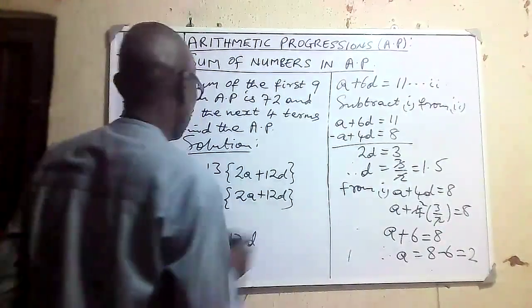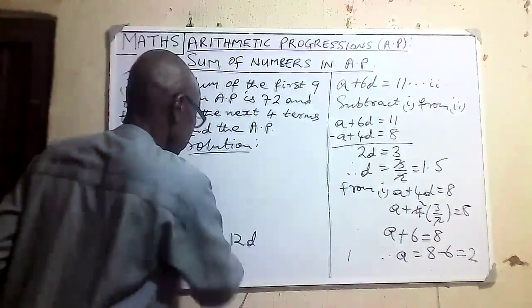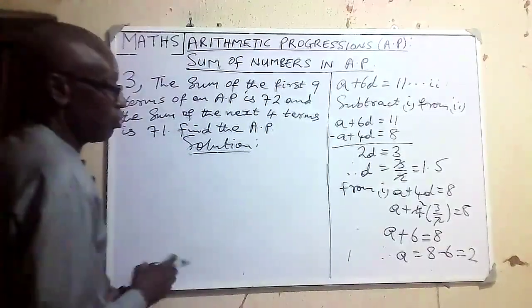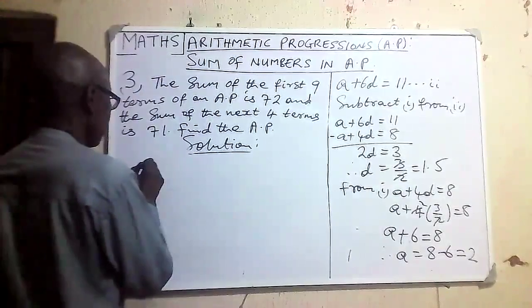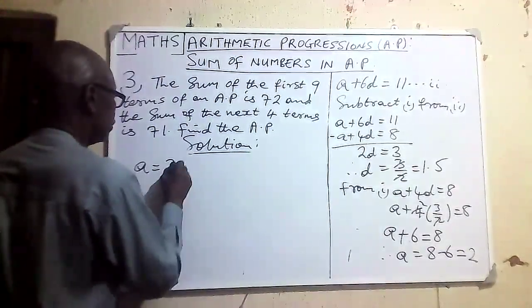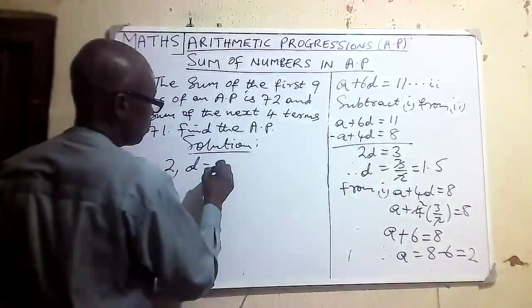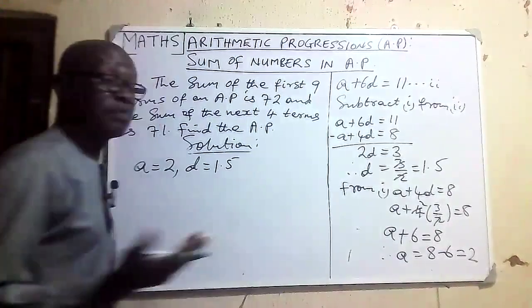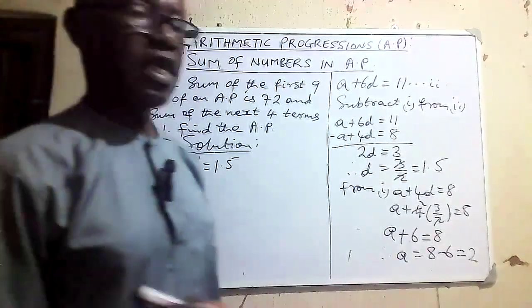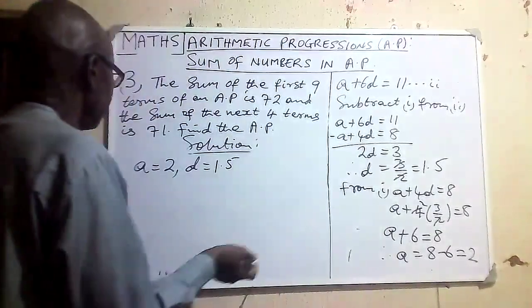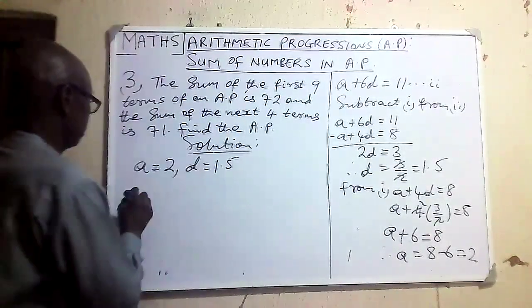Then going back, we are now having our a to be 2, our d to be 1.5. And that means that for us to list the AP, we keep on adding the value.